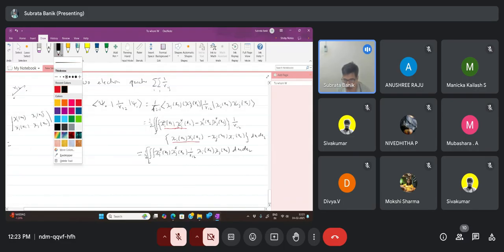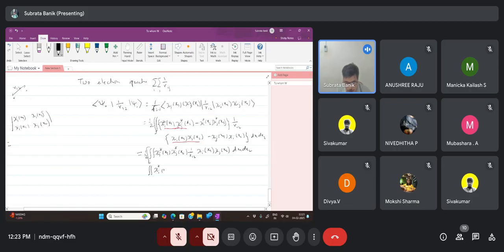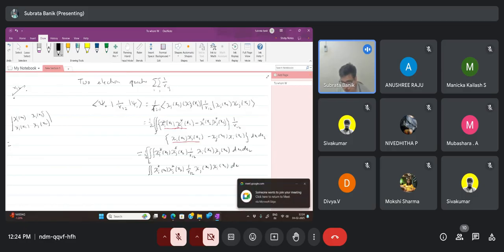I'll suggest you to do it yourself. This is the double integration of chi i star x1 chi j star x2 1 upon r12. I get this. I get chi j of x1, chi i of x2.